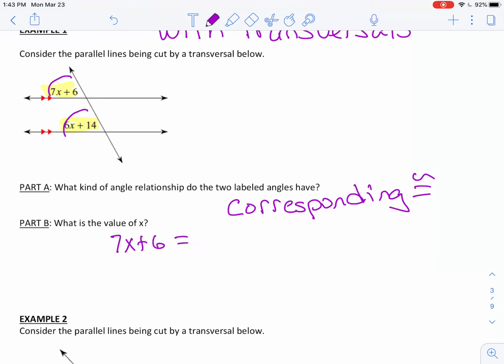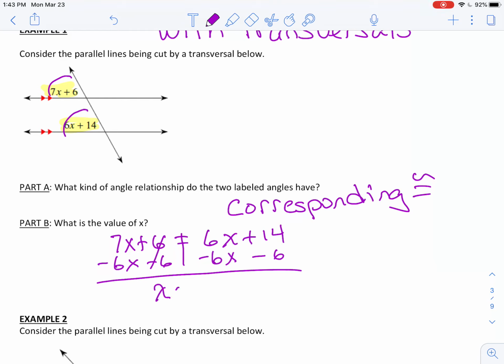The top angle, the 7x plus 6, is exactly the same measure as the bottom angle, which is 6x plus 14. So all we have to do is solve our equation here. And that tells us our value of x. So we're using the definition of corresponding angles.